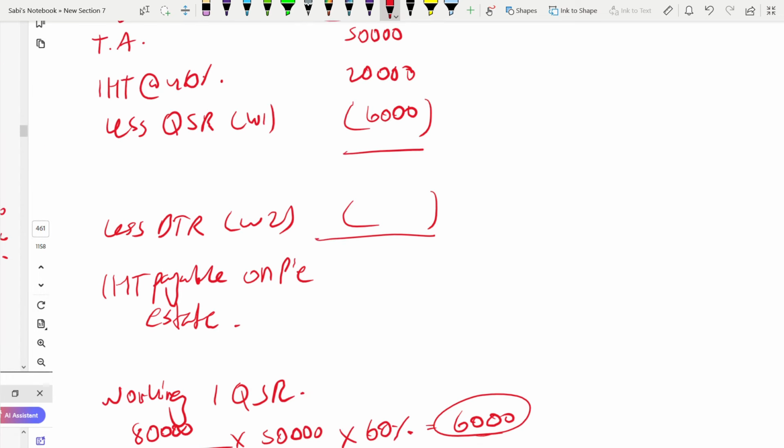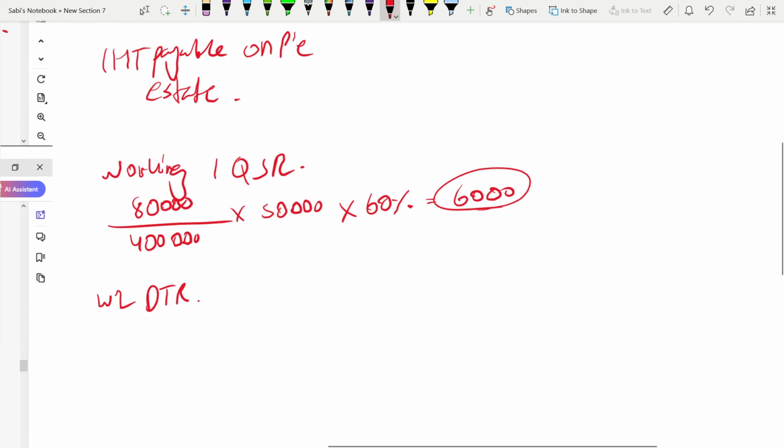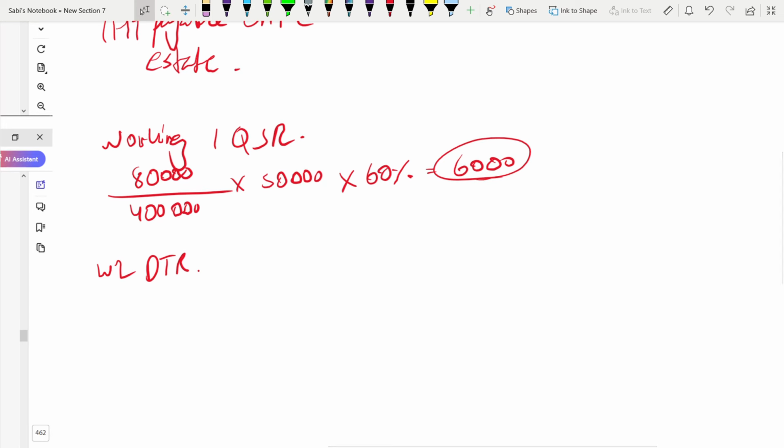Now DTR, working 2. DTR is a little easier than QSR. See, both are easier. You just have to know the formula and put the correct number. DTR is the lower of overseas tax offered and UK IHT. What is overseas tax offered?